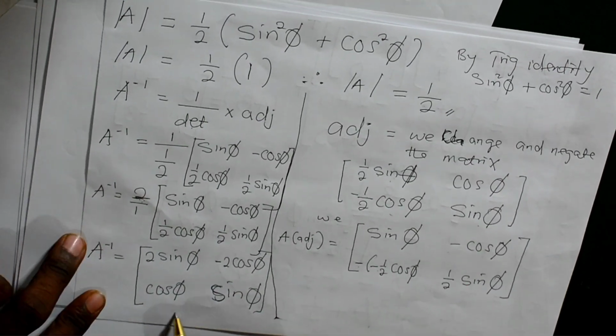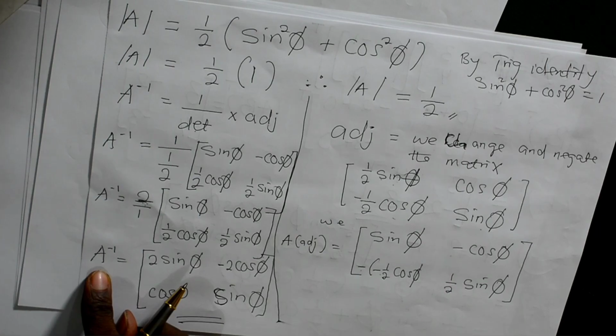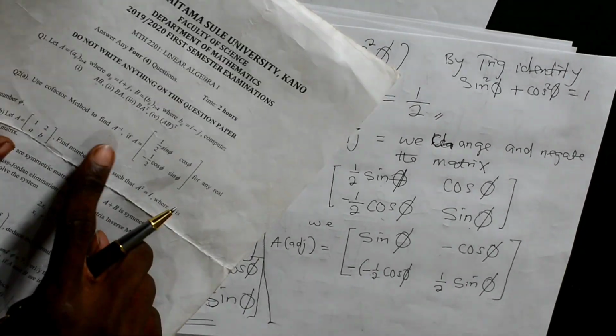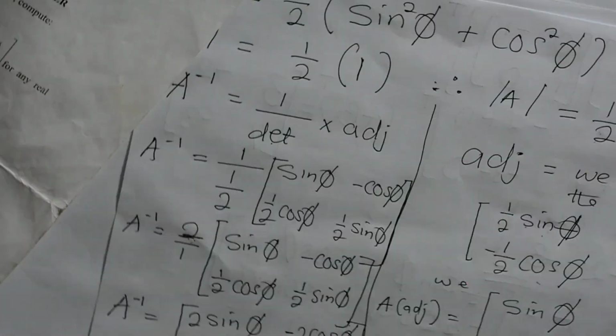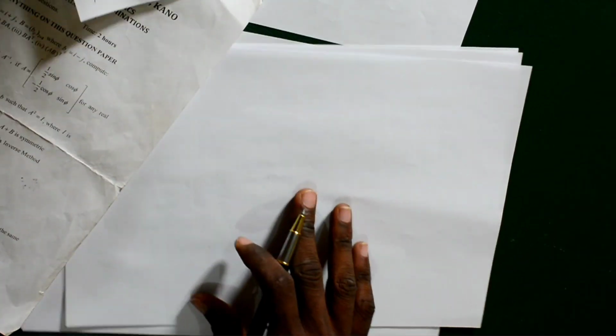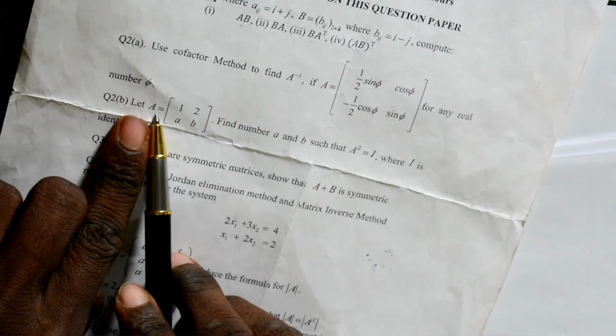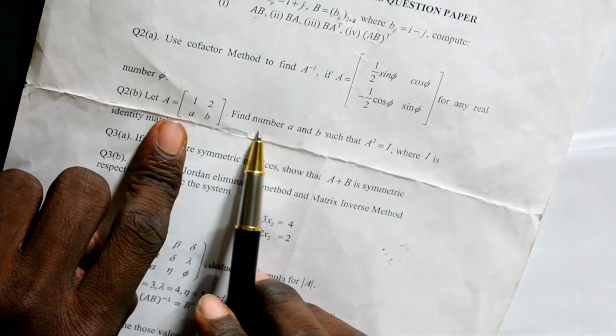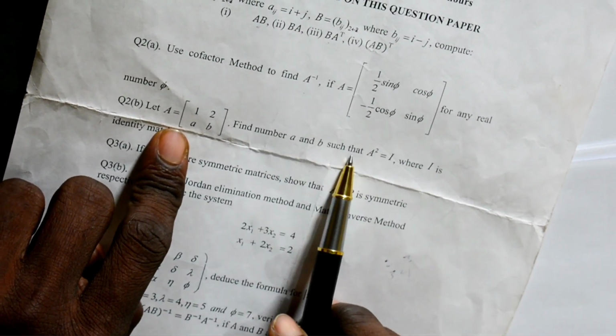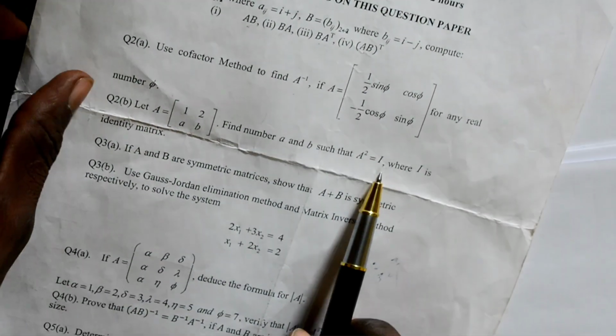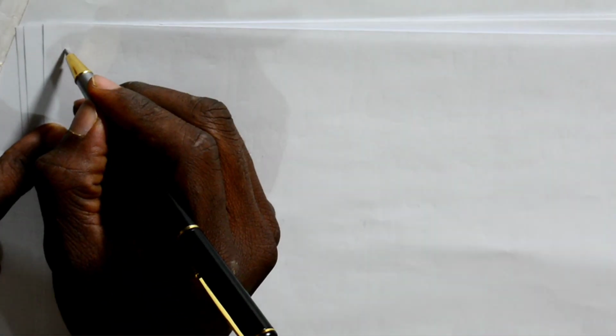So this is A inverse. Now let's move to the next question. The next question is question number 2b, which says, let A be this matrix, find numbers a and b such that A square is equal to I. I is an identity matrix.